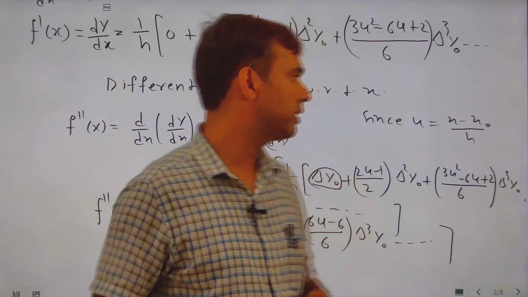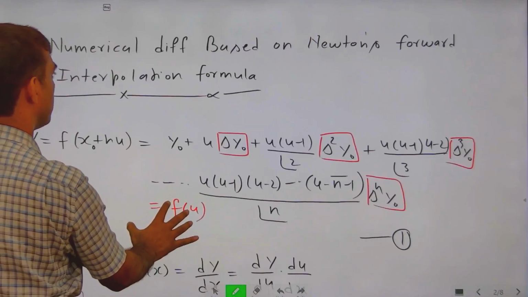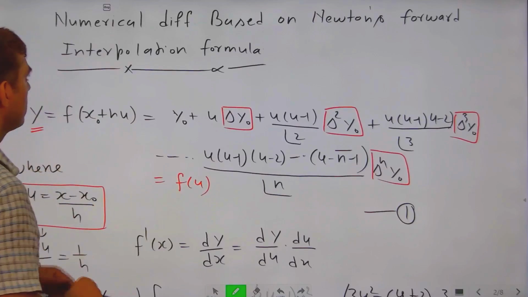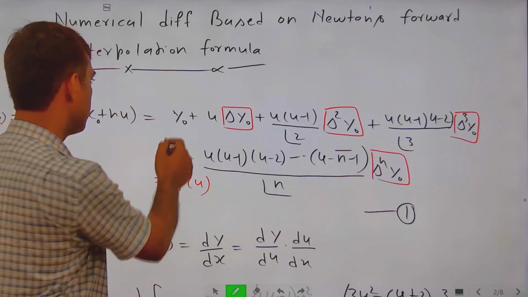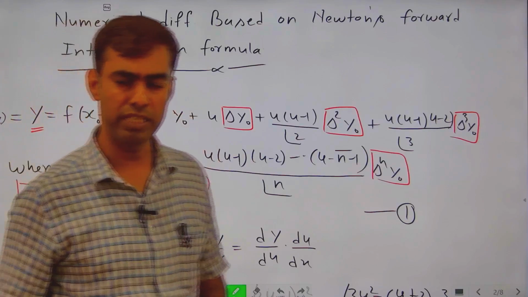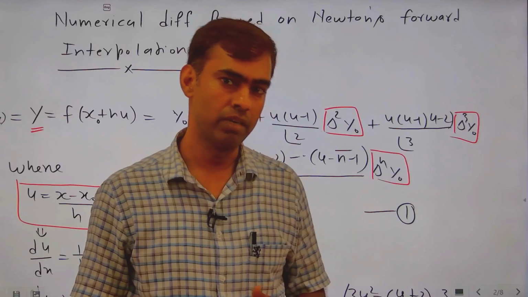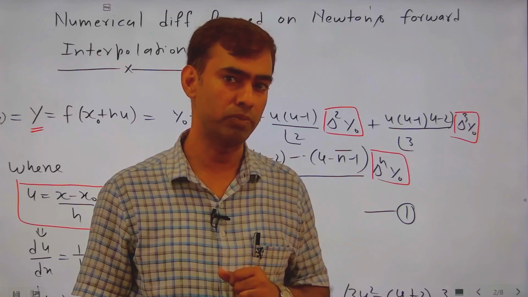Here we use the forward interpolation formula, and if we use the backward interpolation formula and repeat this process, then we are able to get the formula for the derivative using the backward interpolation formula.